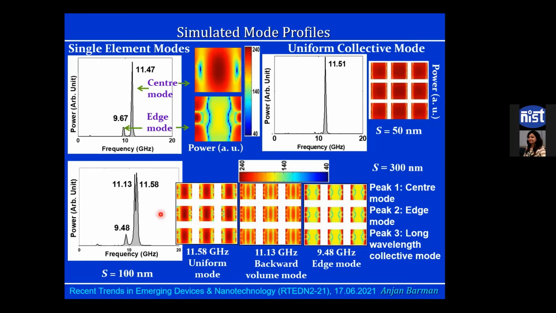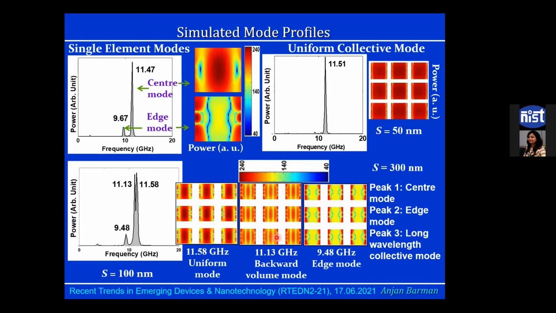But when we come to a situation like S equals 100, we have 3 modes. And there you can see that this mode is similar to the center mode. This mode is actually similar to the edge mode. In addition to that, you have another mode. And here you can see these are kind of standing wave modes, which we also call quantized modes. Similar to a harmonic oscillator, this is a standing wave mode with n equals 3.